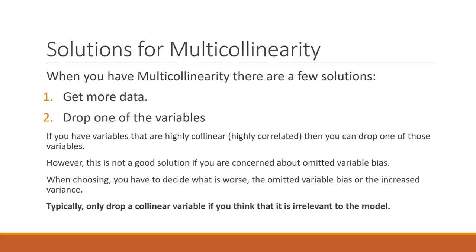They're both important, but we will typically not exclude a relevant variable. It will be a rare case for us to exclude a relevant variable in order to solve the multicollinearity problem. Okay, so typically we will only drop a collinear variable if it is irrelevant to the model.